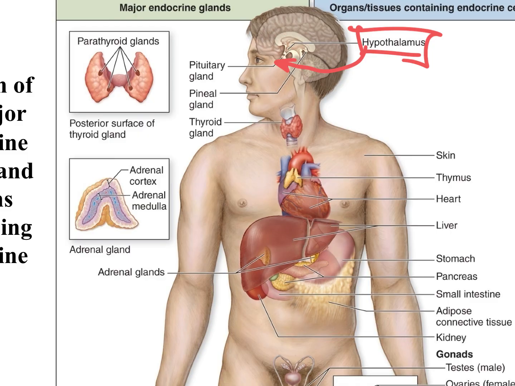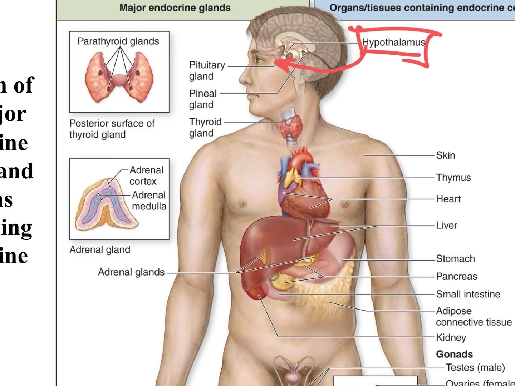The pituitary gland, right, is a target of the hormones that are produced by the hypothalamus, right? And the pituitary gland is half derived from nervous tissue and half derived from epithelial tissue, and it produces hormones that will target and control other endocrine organs.